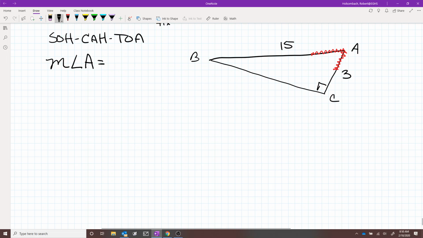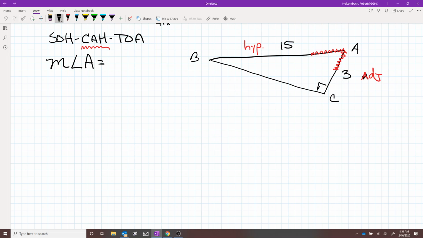In relation to angle A, the sides that you're given are the adjacent side and the hypotenuse. If you're working with adjacent and hypotenuse, what ratio are we going to be using? Adjacent and hypotenuse, which ratio? Cosine, good.